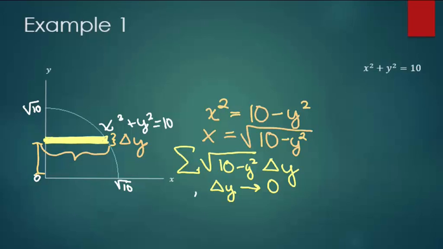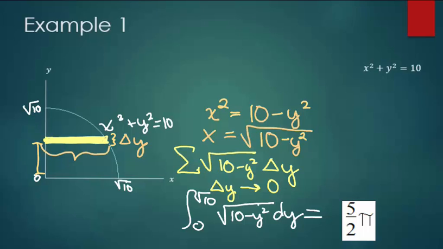You wind up with the integral from 0 to square root of 10 of the square root of 10 minus y squared dy, and this is going to be equal to the area of this quarter circle when evaluated, which again is 5/2 pi.